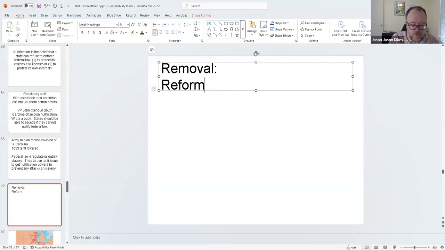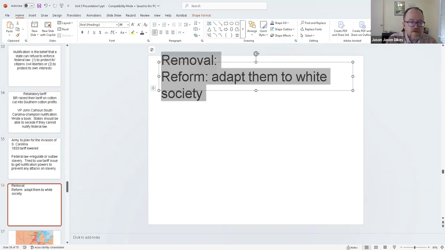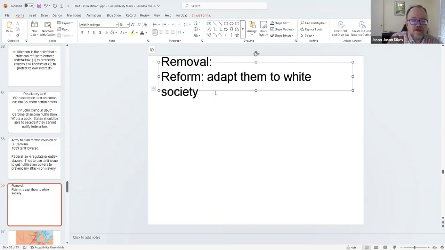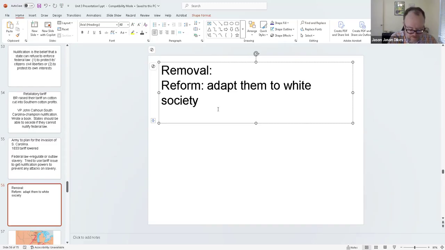And then the other was reform, where Native Americans would be taught to adapt to white society. And those are the two tracks that US government policy have run on since about Jefferson. And these policies have been decided by the president. This was not a congressional issue or an issue for the courts. This was a presidential issue.